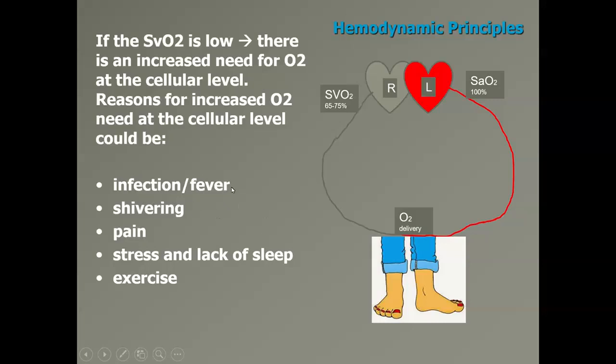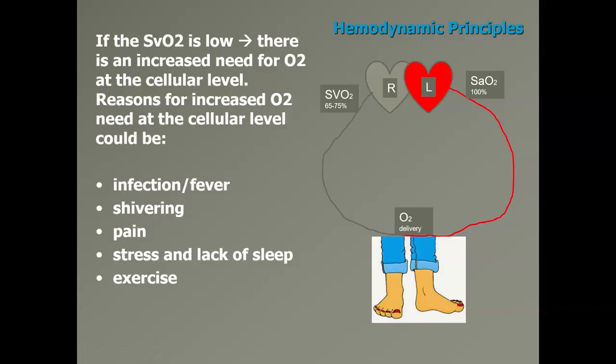These things increase the metabolic demand of the cells. Also if the patient is shivering, if there's pain, stress or lack of sleep. And of course, if an individual is exercising, those muscles need a lot of oxygen to get through a marathon, say. So that's the reason why the venous oxygen saturation would be lower than normal if there was a greater demand at the cellular level.